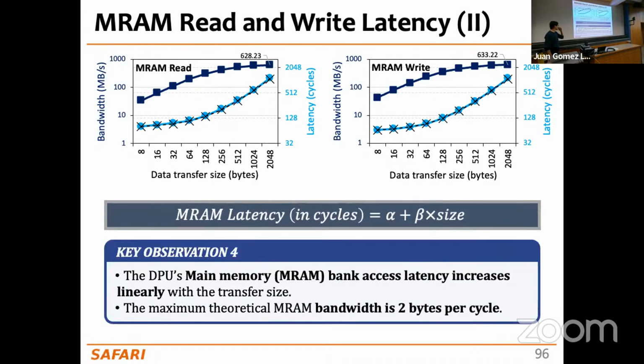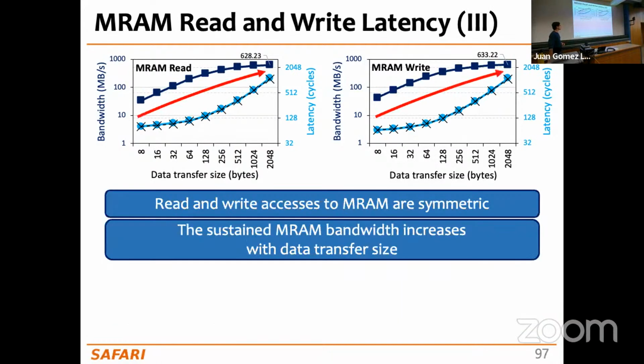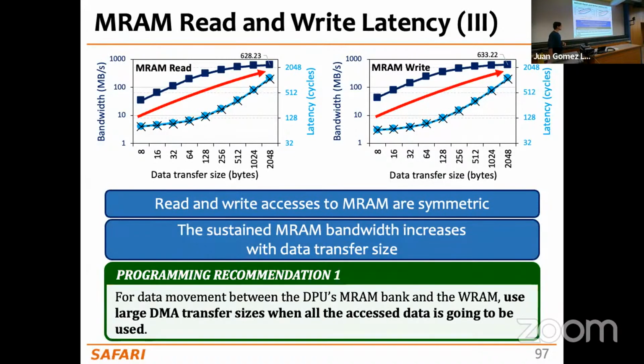So the observation here is that the MRAM bank access latency increases linearly with the transfer size following that model, and the theoretical maximum bandwidth is 2 bytes per cycle. One other thing that we observe is that read and write accesses are symmetric, more or less the same latency, same bandwidth in both directions, and the bandwidth increases with the transfer size.